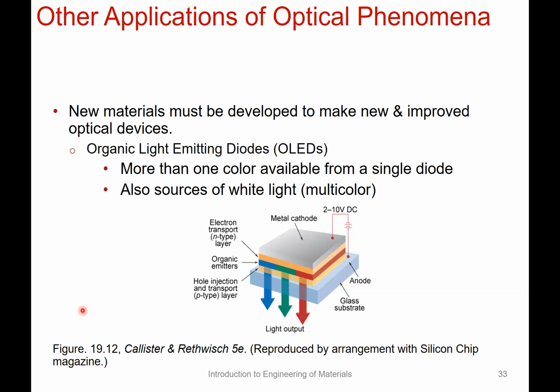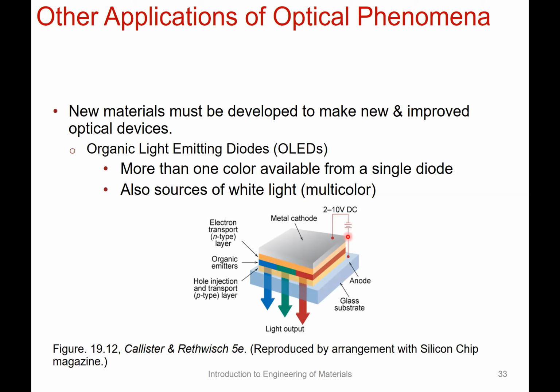So here you see an example of organic light emitting diodes. You can also just have regular inorganic light emitting diodes, so that's just LEDs. And so the stack that you see here, you have one layer that's, let's say, N-type, one layer that's P-type, and then you connect this stack in a circuit.